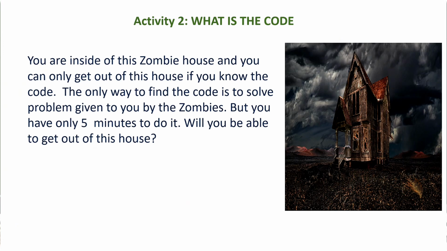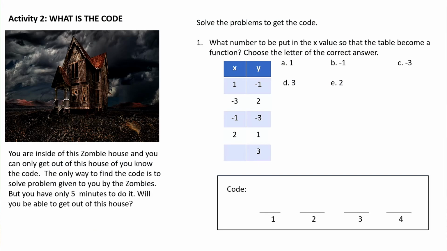Will you be able to get out of this house? So this is problem number 1. Solve this problem to get the first letter of the code. You can pause this video to solve the problem.